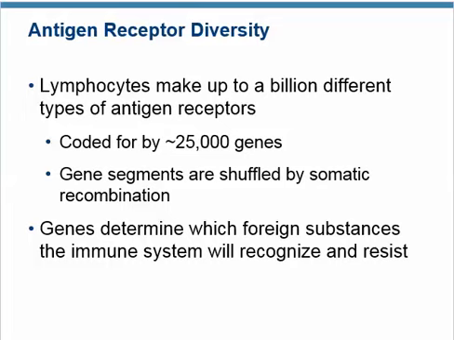To simplify this idea, how many words can you make out of 26 letters of the alphabet? And how many sentences can you make out of those words? It's kind of the same thing. We don't need to have a different genetic coding for every single antigen receptor. We have classes of them, and we can make unique receptors that way.